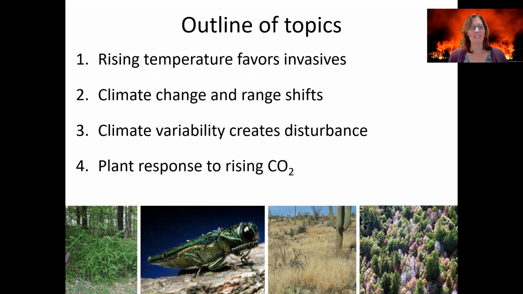So we are going to talk about rising temperature, how that favors invasives. We're going to talk about range shifting invasive species with climate change. We're going to talk about disturbance caused by climate variability and how that facilitates invasions. We're going to talk specifically about plant response to rising CO2, which is a resource for all plants, but especially for invasive plants.